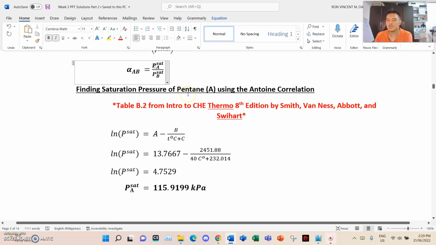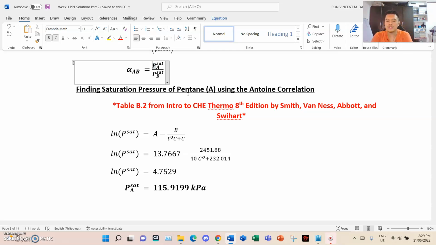How do we find the saturation pressure of A? We can just use Antoine's equation of correlation. This equation is very well known, and I use the values given from the SVA, or Smith, Van Ness, Abbott and Swihart, Introduction to Chemical Engineering Thermodynamics, 8th edition.